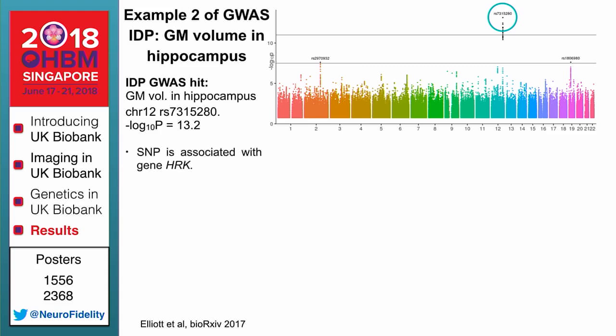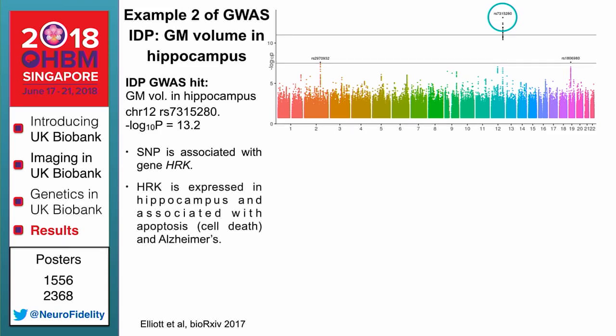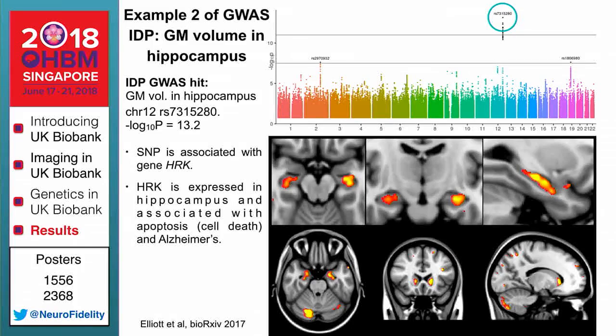This SNP is associated with the gene HRK, which is known to be expressed in the hippocampus and also related with apoptosis, the cell death, and with Alzheimer's disease. Once we ran the GLM analysis with this SNP, we can see that the differences in the group are strongly in the hippocampus. As you can see, this would be an interesting biomarker for disease.